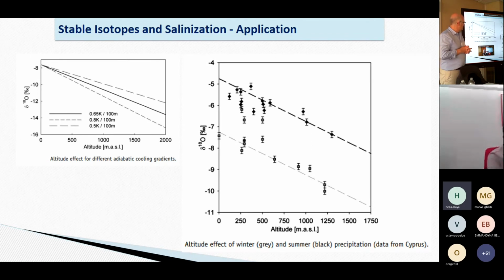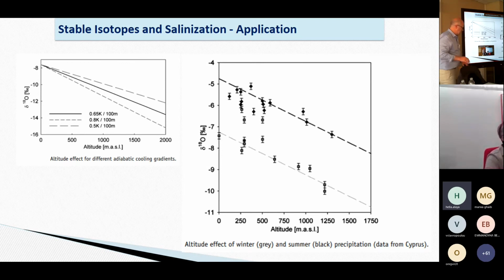You see the altitude on the right-hand side from 0 to 1,750 meters. And you see our samples. And I have added two limiting lines for these samples, and two different groups of waters.